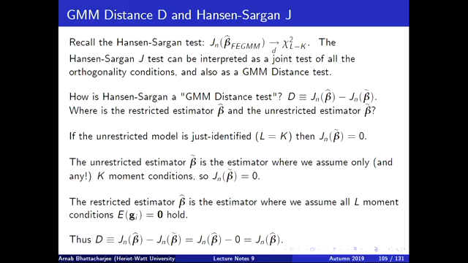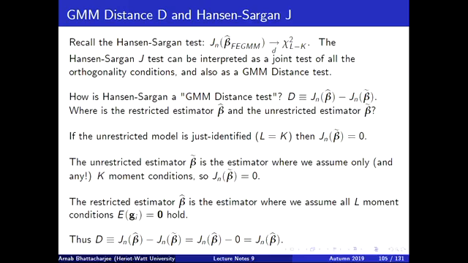The alternative is the minimum set of moment conditions which are valid and make the system identified. But we cannot be more specific than that. It is also a distance test, but against an alternative which is just identified. So the restricted estimator beta hat is the estimator when we assume all moment conditions. In this case, your distance test becomes simply Jn(beta hat).